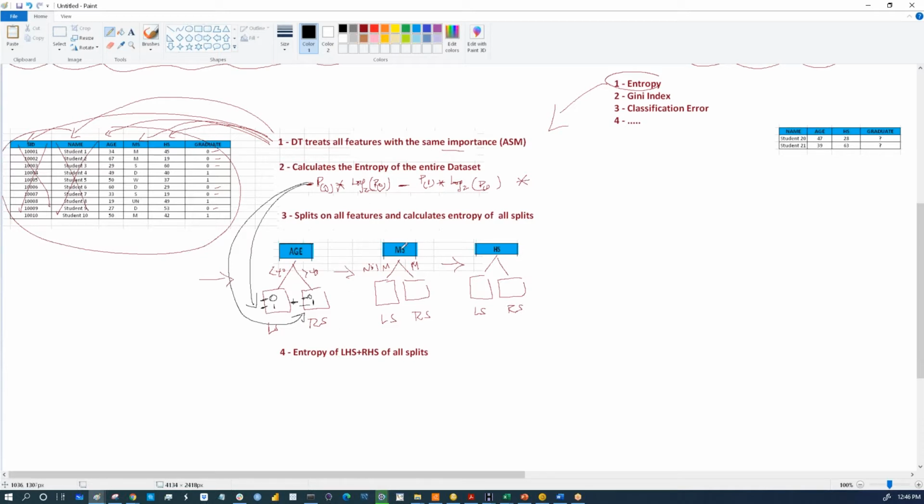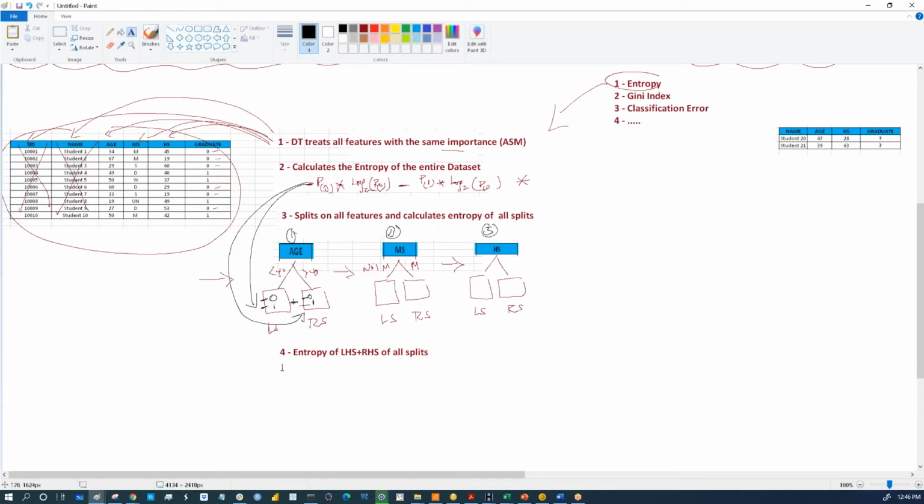We got 3 splits: 1, 2, and 3. So it is going to calculate the entropy of age by calculating its left hand side plus right hand side. Then it's going to calculate the entropy of MS by calculating the entropy of left hand side plus the entropy of right hand side. Then it's going to calculate the entropy of our spans by calculating the entropy of left hand side and right hand side.